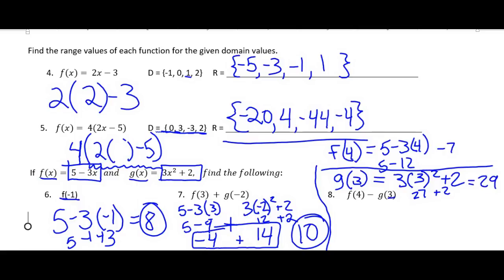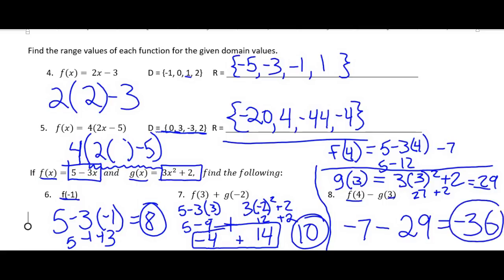So now, if I do f of 4, which is negative 7, minus g of 3, which is 29, I end up with negative 7 minus 29, which gives us negative 36.